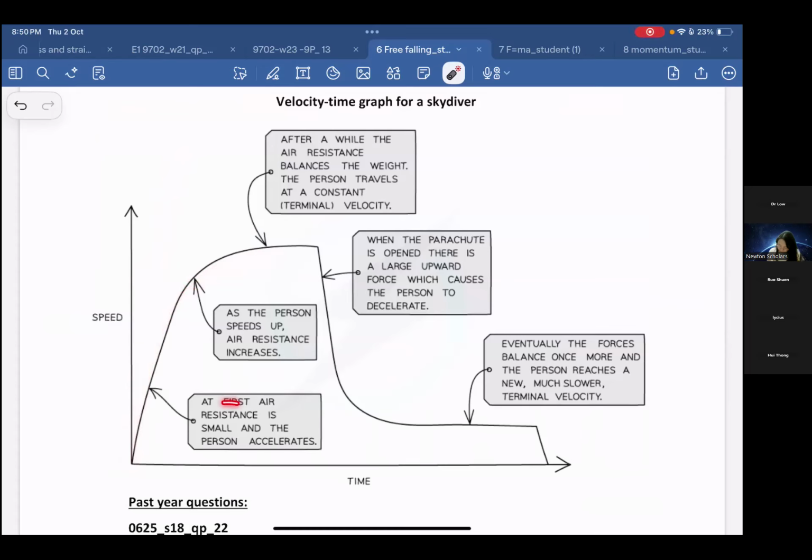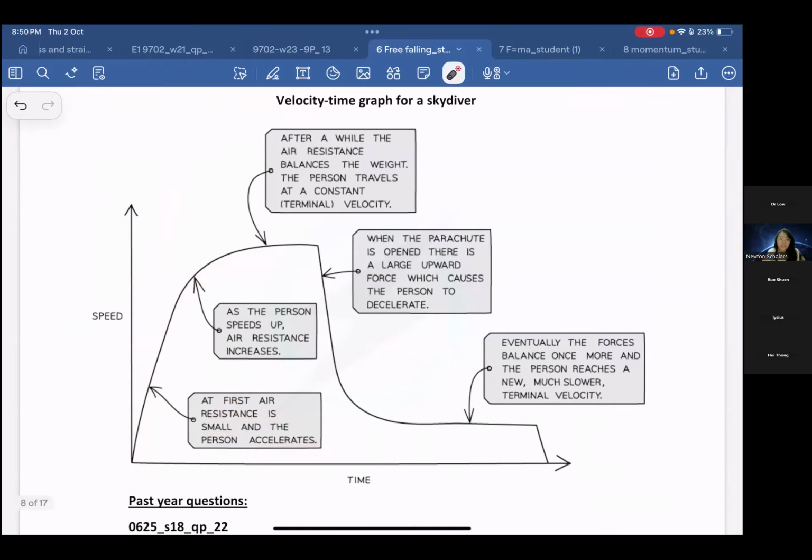At first, air resistance is small, so the object accelerates at a higher rate. Then as speed increases, air resistance increases, so it will slow down the acceleration. So in this part acceleration decreases. At the start, acceleration is 9.8 meter per second square.